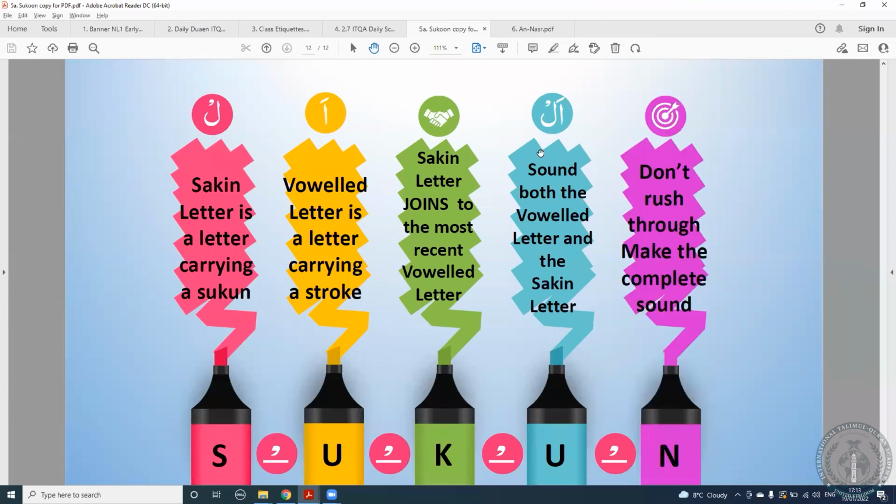Make sure that you don't rush through, and make sure that you make the complete sound, meaning both the voweled letter sound and the sakin letter sound. So those are the steps to follow when you want to join a sakin letter to the most recent voweled letter. And that's the rule that we are covering today.